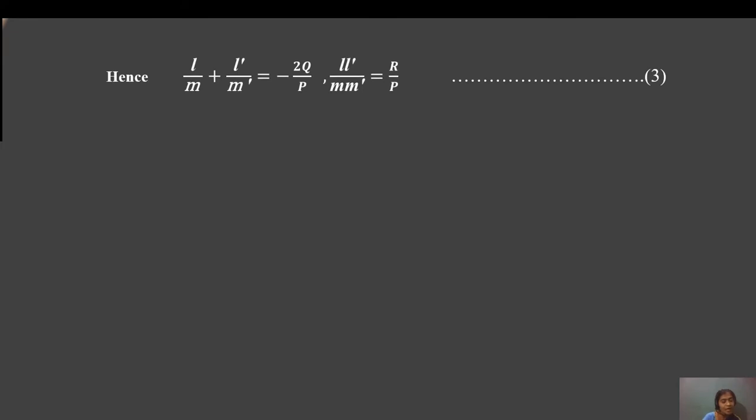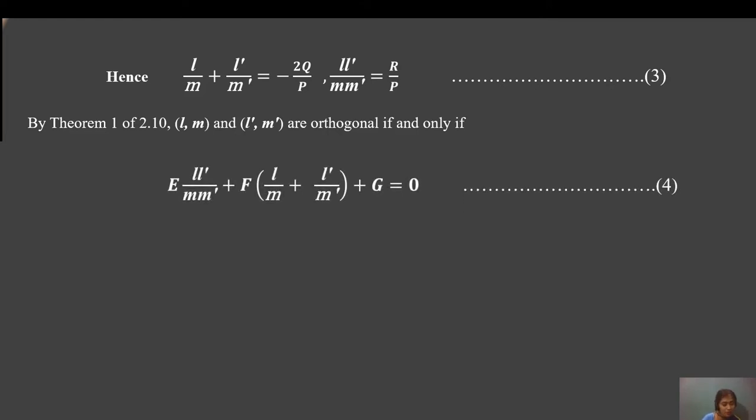Then l by m plus l dash by m dash equals minus 2Q upon P, and l into l dash upon m into m dash equals R by P. Then the directions l, m and l dash, m dash are orthogonal if and only if E times R by P, plus F times the sum, plus G equals 0.